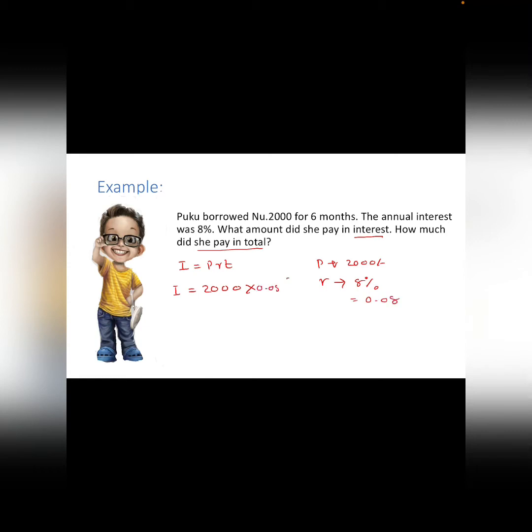So 0.08 times, here T is for 6 months. I told you that time is always calculated over the year. 6 months is half a year, right? So 0.5. Now let us calculate 2000 times 0.08 times 0.5. 8 times 5 is 40, and after the decimal we have three digits, so it is 0.040.